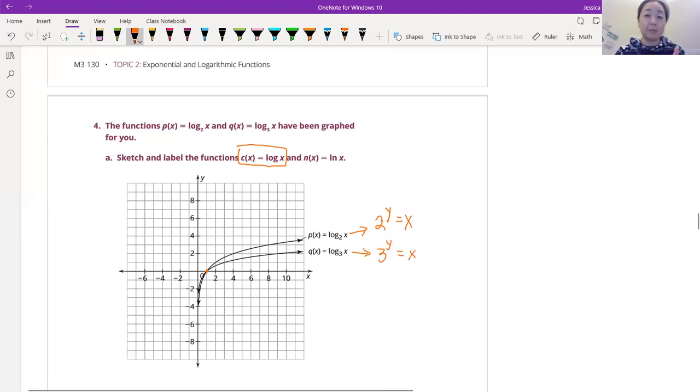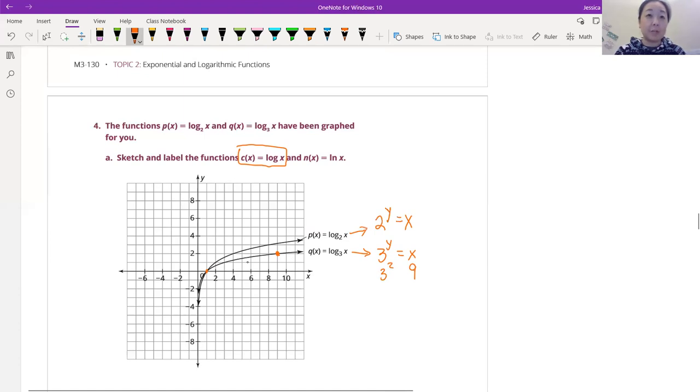So let's find a point on log base 3. When x is 9, my y would be 2. Do you see how that works? That's an actual point on here, because 3 to the 2nd power is 9.